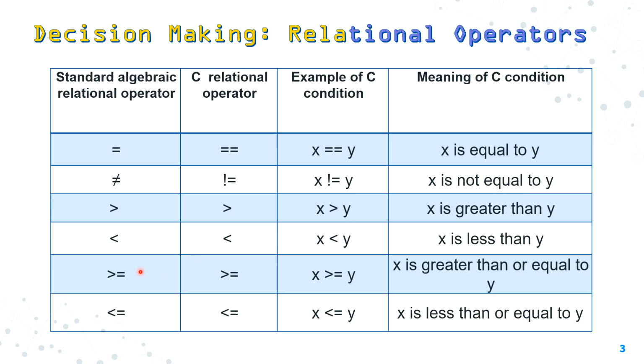So for the rest, we have the greater than, less than, and their equal to variations.